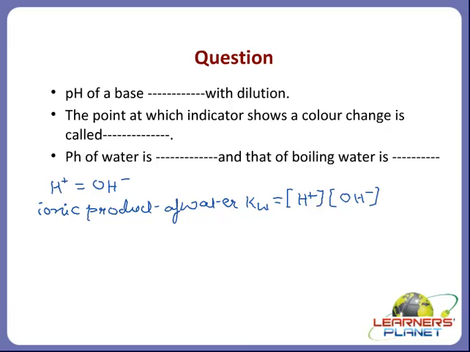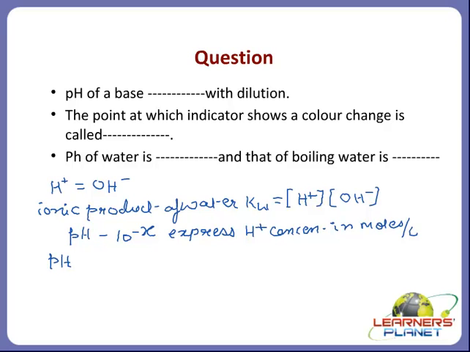Right? Now, what is this pH, children? pH is the negative power to which 10 must be raised in order to express H ion concentration in moles per liter. Right, children?